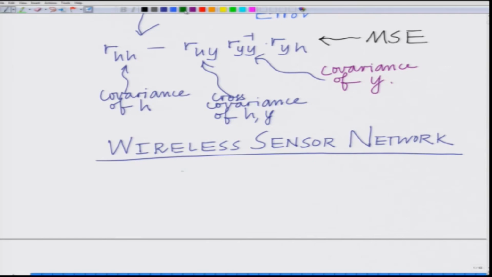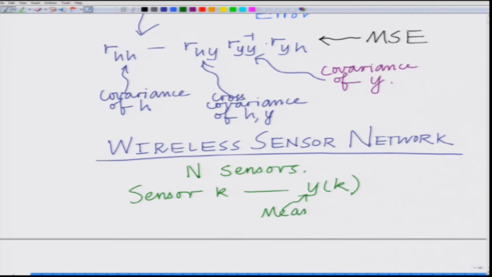Remember, in the wireless sensor network, we are considering a scenario with n sensors, where sensor k sends the measurement y of k. This is the measurement y of k, correct.